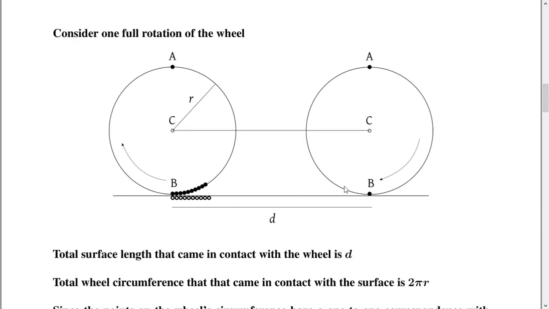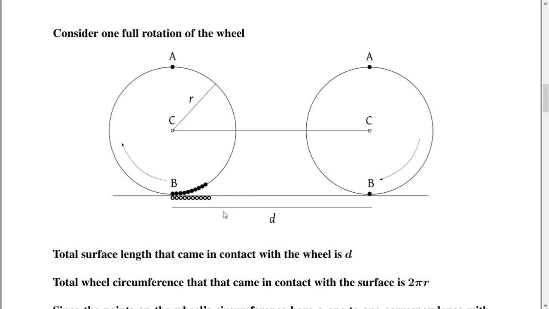Now if our wheel is rolling without slipping and it has made one full turn, B would have gone around the center one full turn, right? So B was initially here, it would have come back to its bottom position.